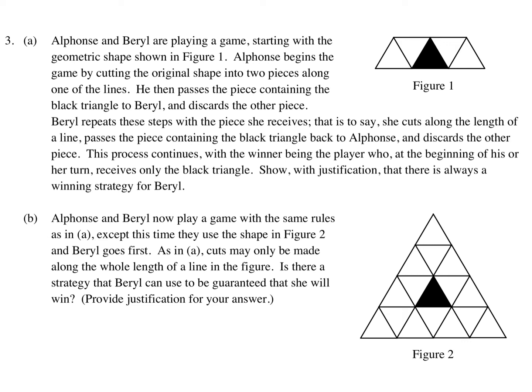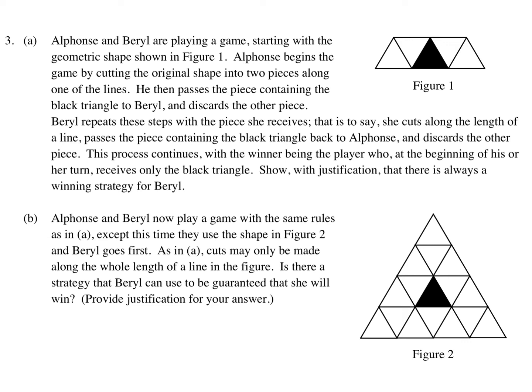Beryl repeats these steps with the piece she receives, that is to say, she cuts along the length of a line, passes the piece containing the black triangle back to Alphonse, and discards the other piece. This process continues with the winner being the player who, at the beginning of his or her turn, receives only the black triangle. Show with justification that there is always a winning strategy for Beryl.